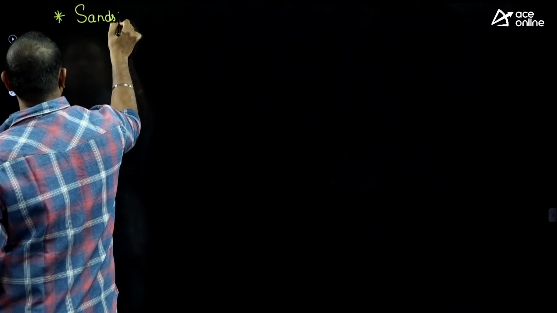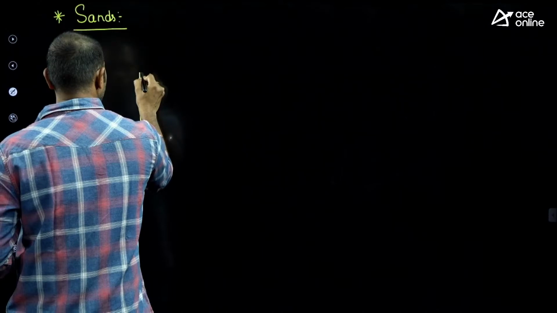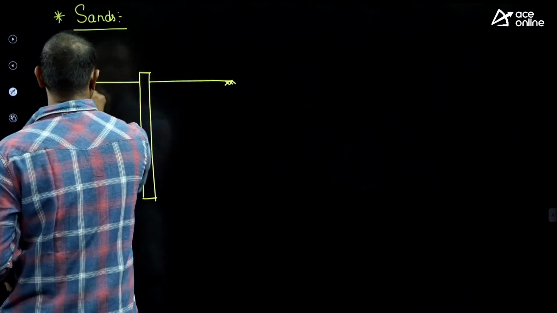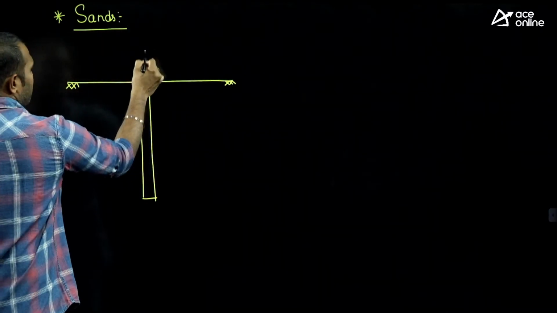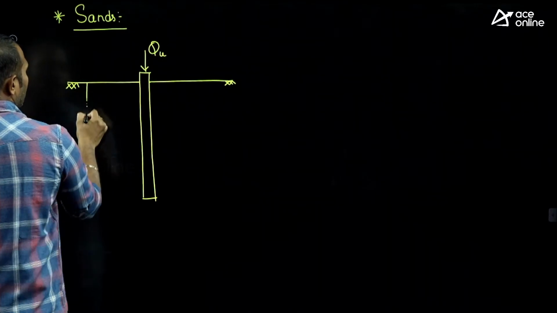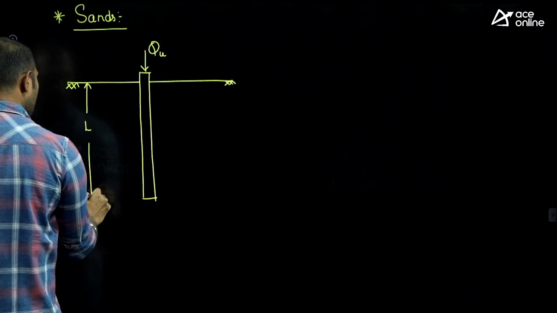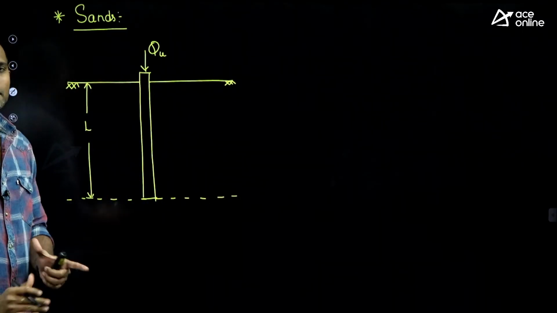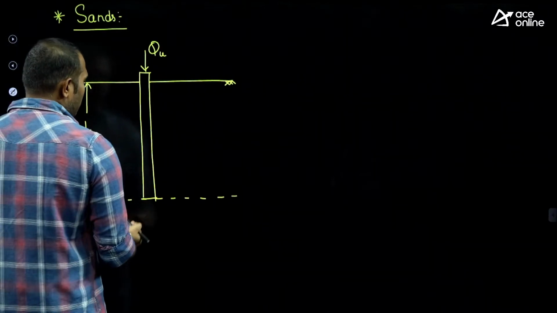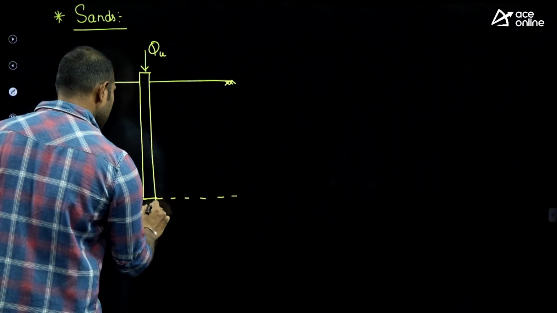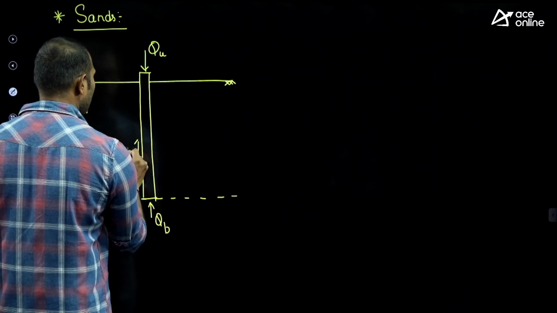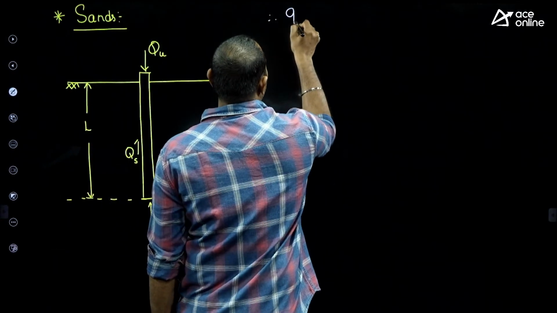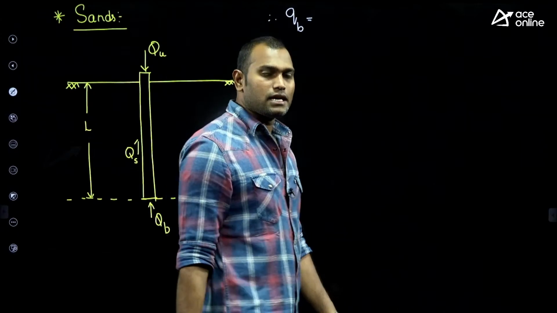Now in the case of the sands, the ultimate load, again, if L is the length of the pile and D is the diameter, again you can see there is a QB and there is a QS, right? So in the case of sands, whatever the bearing capacity, it is not CNC.